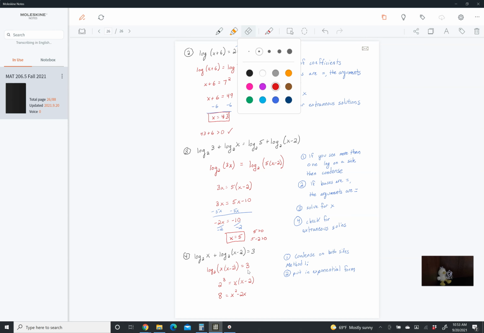Okay, now something to notice here. You can use this method, I'll put it in blue, because there is no log on the right. So you can't just set it equal to each other.